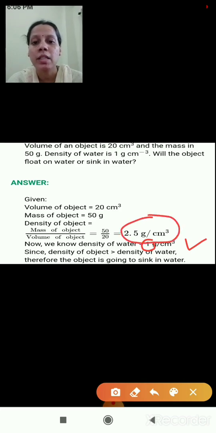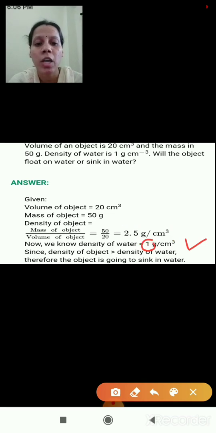This is the density of the object, and the density of water is 1 gram per cm cube. So the density of the object is greater than the density of water. As you can see here, the density of the object is 2.5 and the density of water is 1, which is smaller.